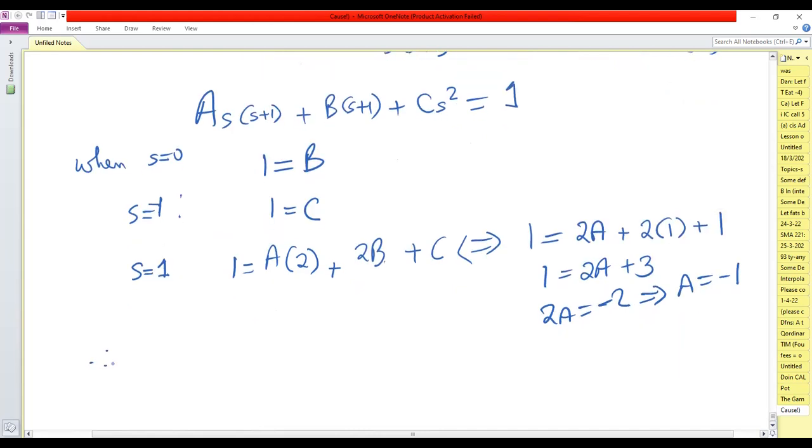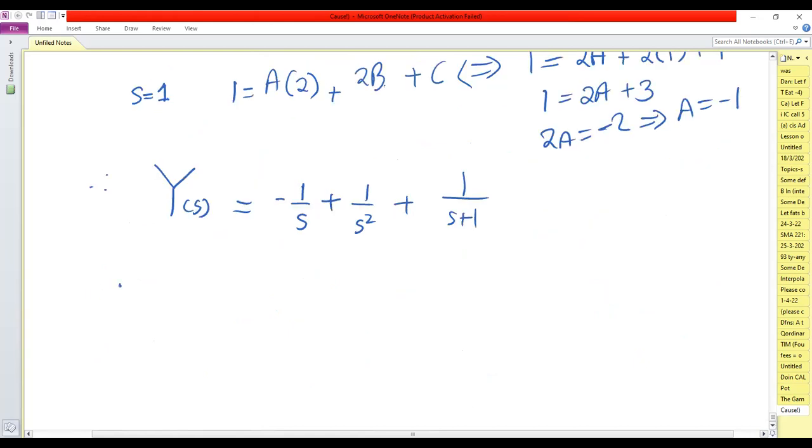So therefore, capital Y of s is the same thing as -1 over s plus 1 over s squared plus 1 over s plus 1.